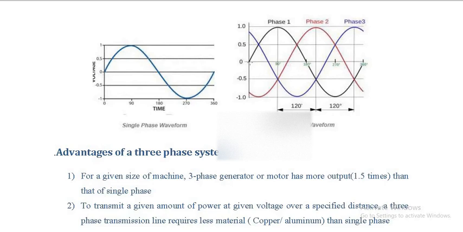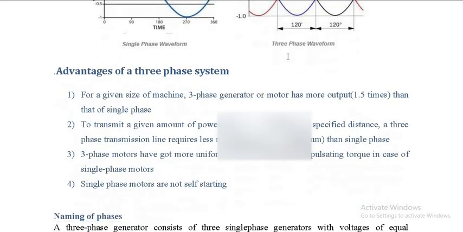This is how the R phase starts, then after 120 degrees it is the second phase, and then after still 120 degrees it is the third phase. Another way to put it: if it is single phase, it is like this. Now when these 360 degrees are contributed by 3, it will be 360 divided by 3, so that will be 120. So 120, 120, 120. That is how you can put it.